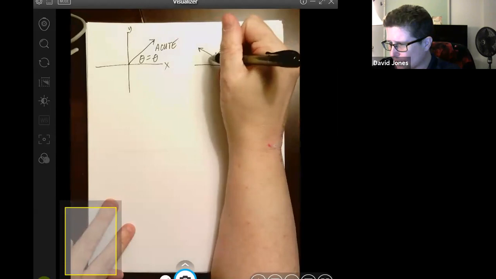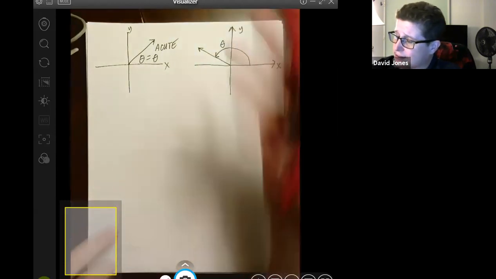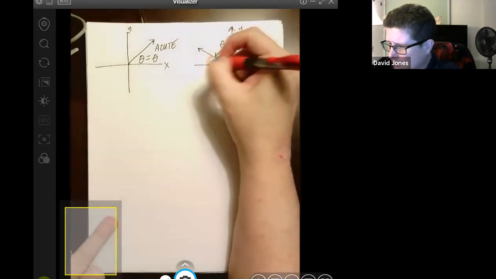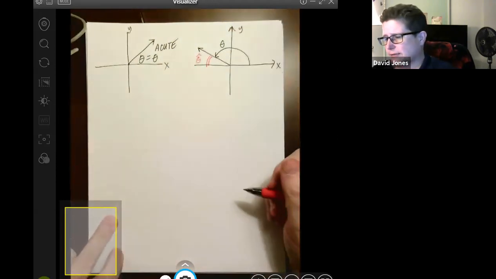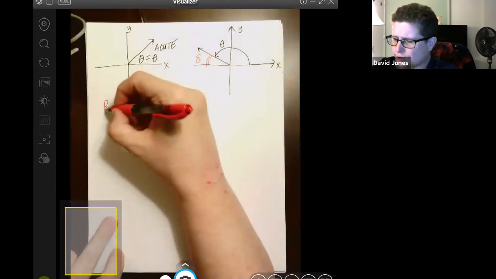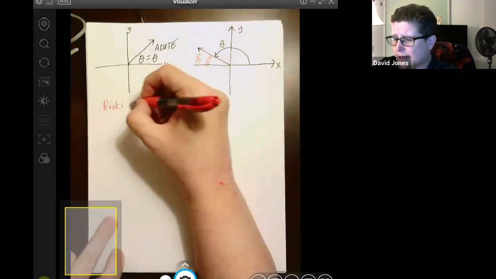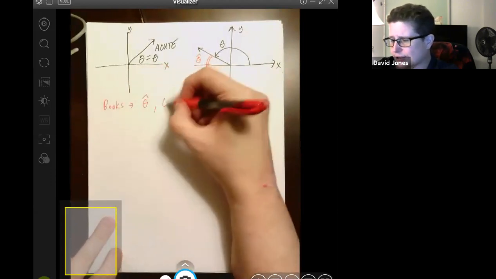I'm going to call this angle right here theta hat. In books, you'll see theta hat, you'll see theta tilde.